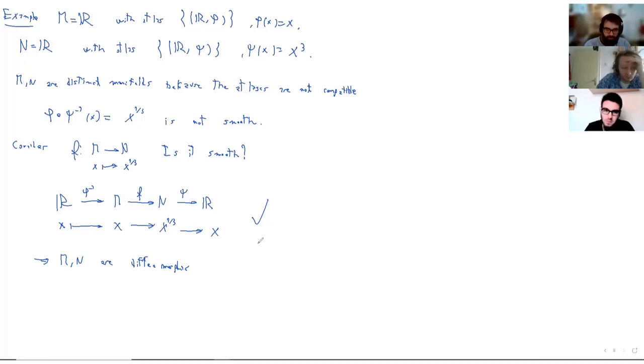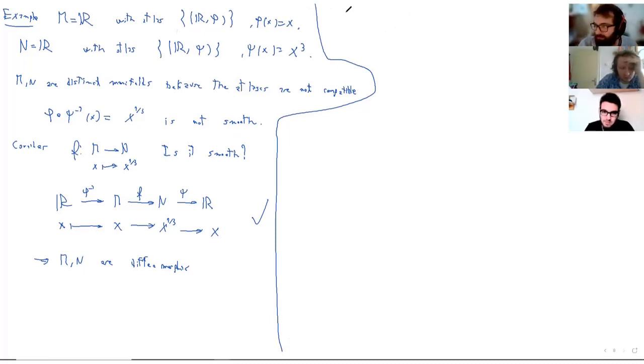Okay, let's give another example now with complex manifolds. So now our topological space is D, the unit disk, the set of complex numbers of norm less than 1.